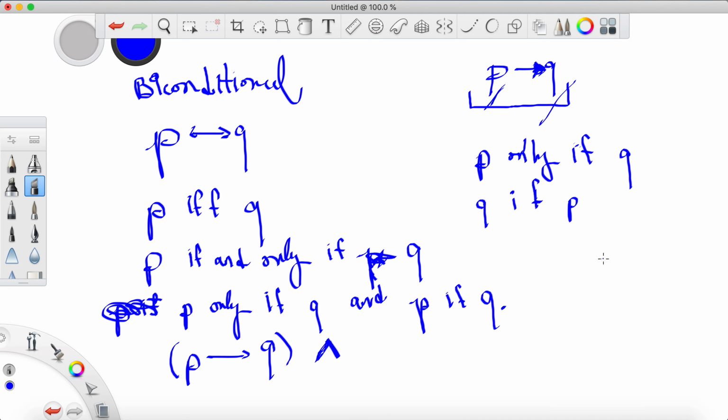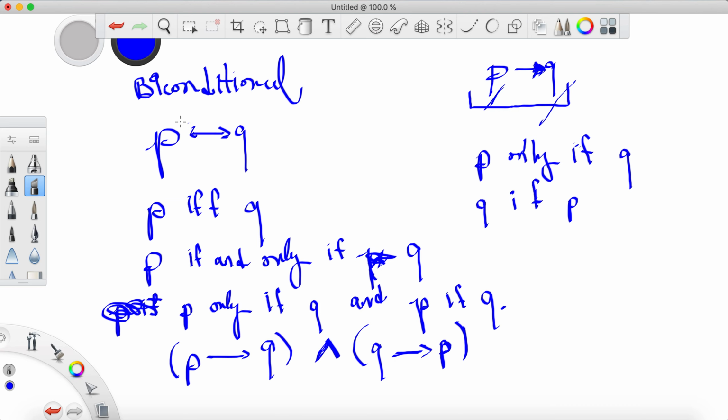Then earlier I said that Q if P, that's this. So if we swap these to make it P if Q, then we'd have to swap the order of those. And so we can see that it would have to be this, right? And so this basically shows it's all consistent.